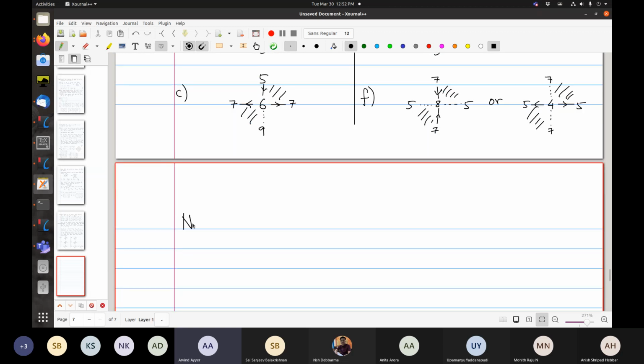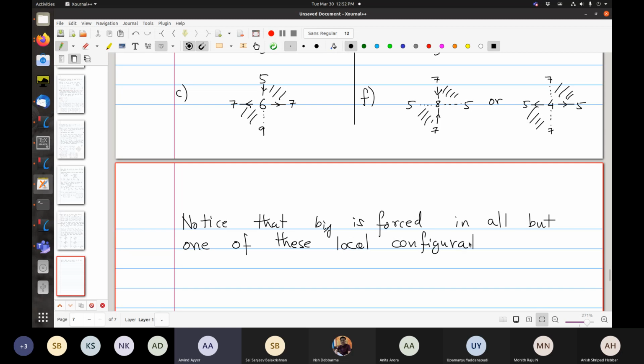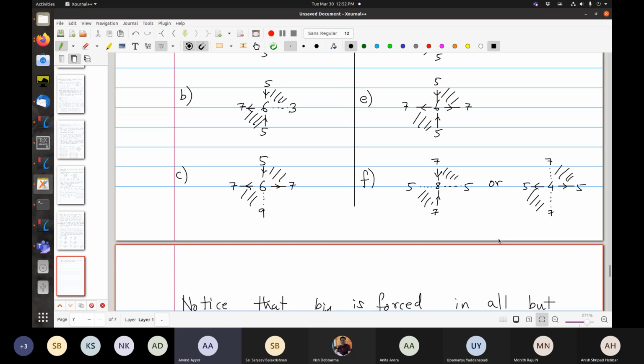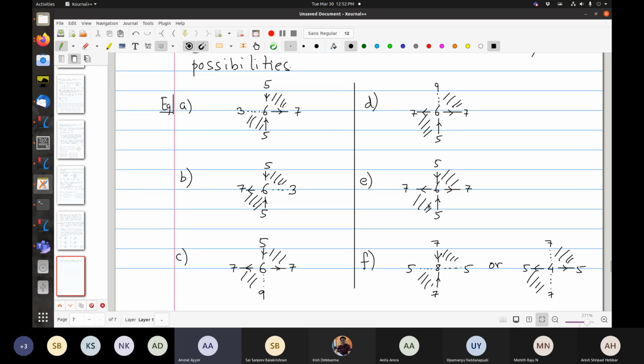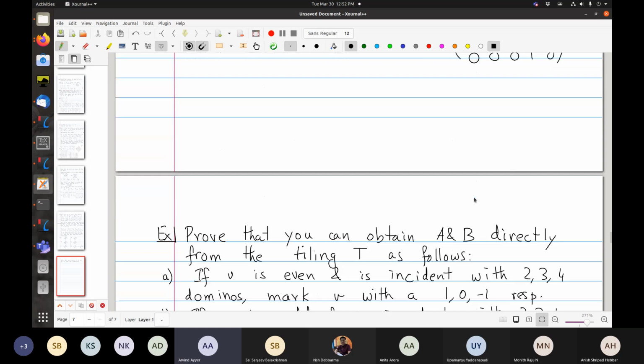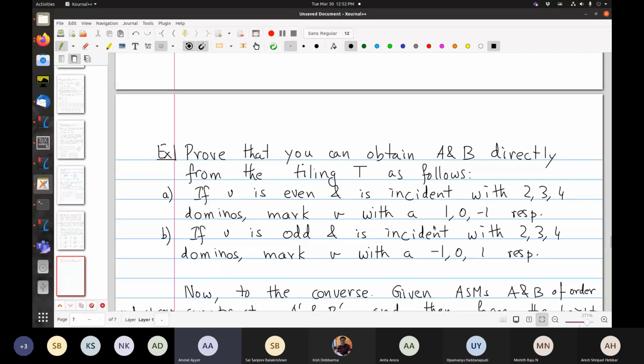So notice that Bij is forced in all but one of these local configurations. And now if you go back to the exercise that I just mentioned, this is an even vertex and it's adjacent to 2 dominoes. So an even vertex adjacent to 2 dominoes corresponds to a 1 in the ASM.